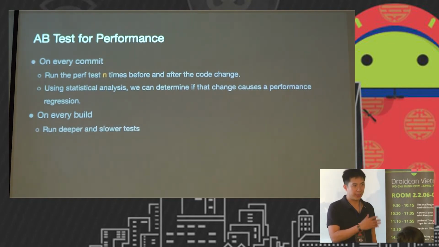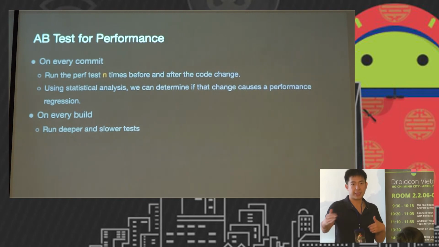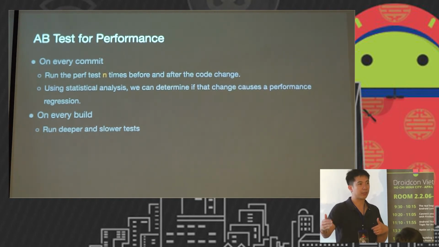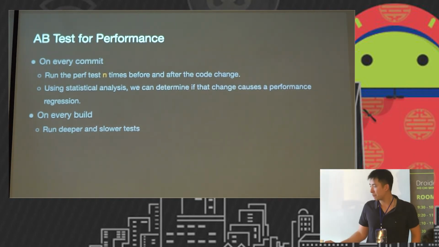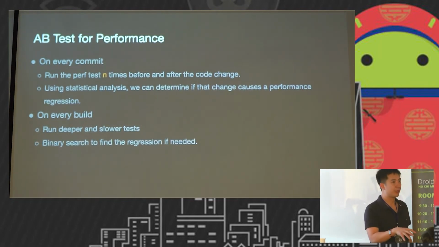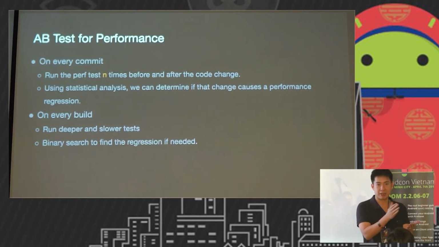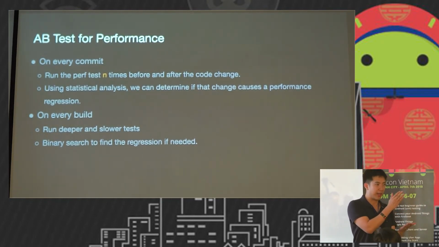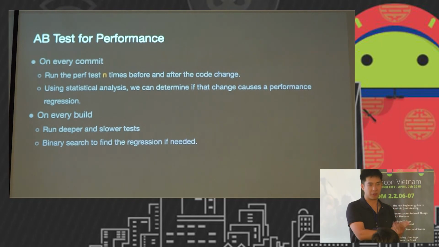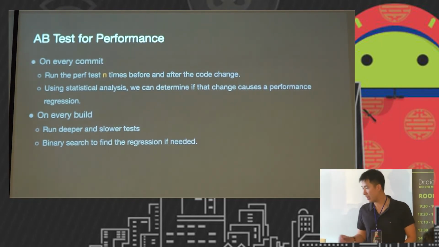These tests tend to be deeper and slower because you can increase the number of times you run them. Also, you can run a different type of test that normally takes a longer time to run. And once you find an issue, you have to backtrack, like using bisect or something like that, to find the correct revision that caused the regression, and then you can create a ticket or assign it to the correct owner.